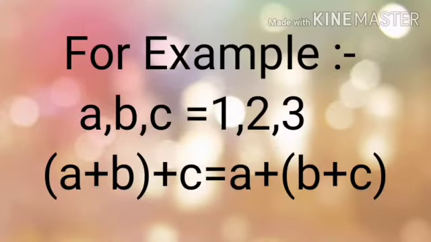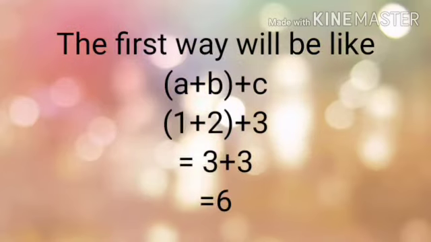For example, a, b, c means 1, 2, 3. (a plus b) plus c is equal to a plus (b plus c). The first way will be (a plus b) plus c as (1 plus 2) plus 3. As there is a bracket, we will add 1 and 2 and add 3, which is equal to 6.